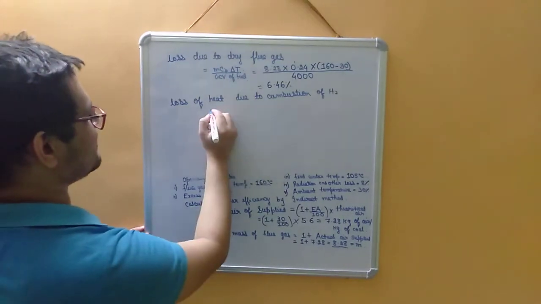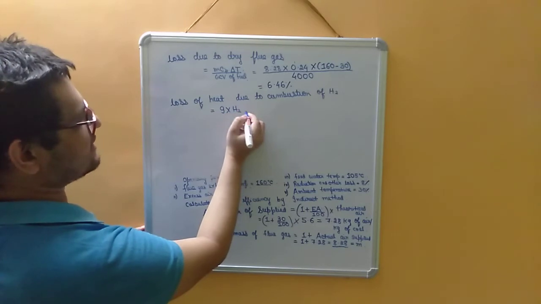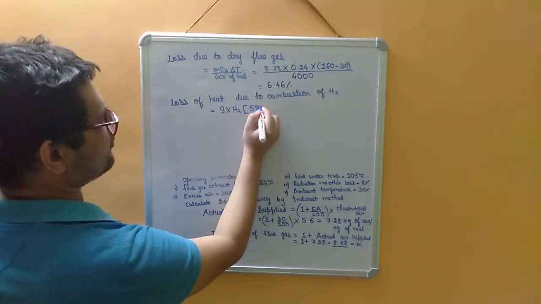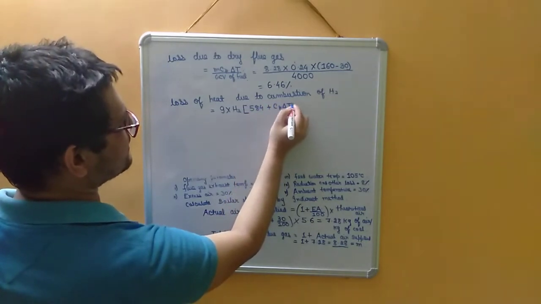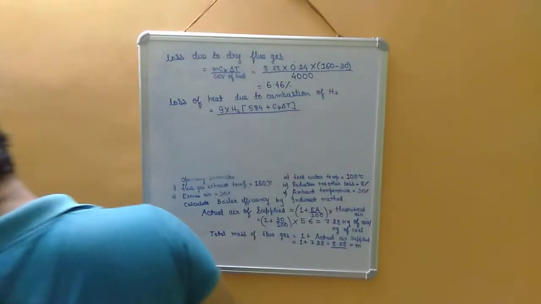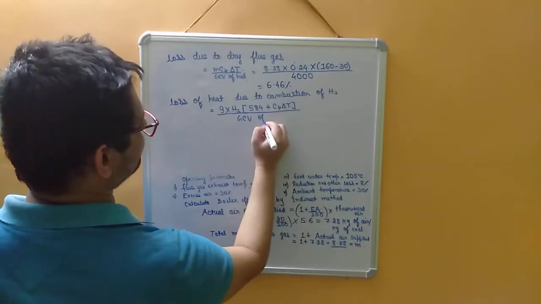There is the same kind of formula, that is 9 into hydrogen percentage present into 584 plus Cp del T, divided by the gross calorific value of fuel, that is GCV of fuel.